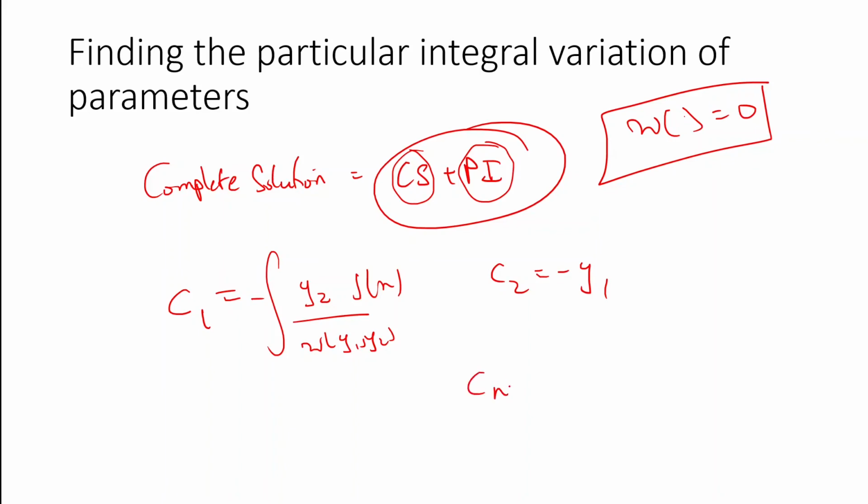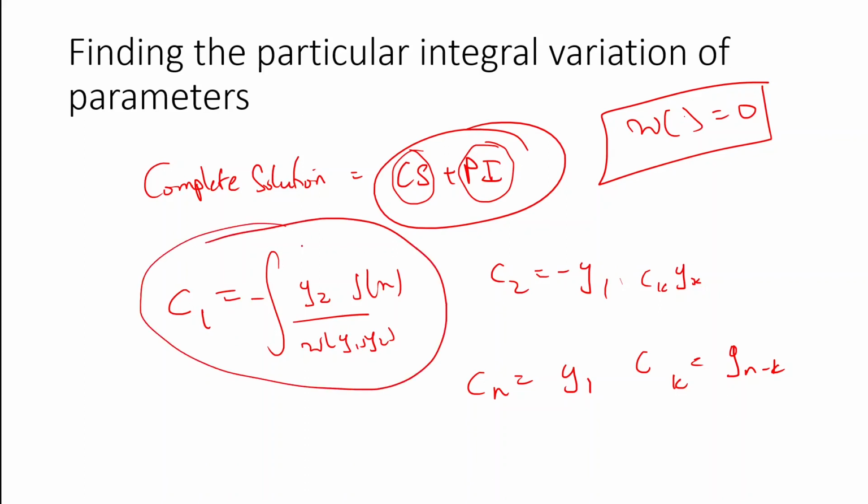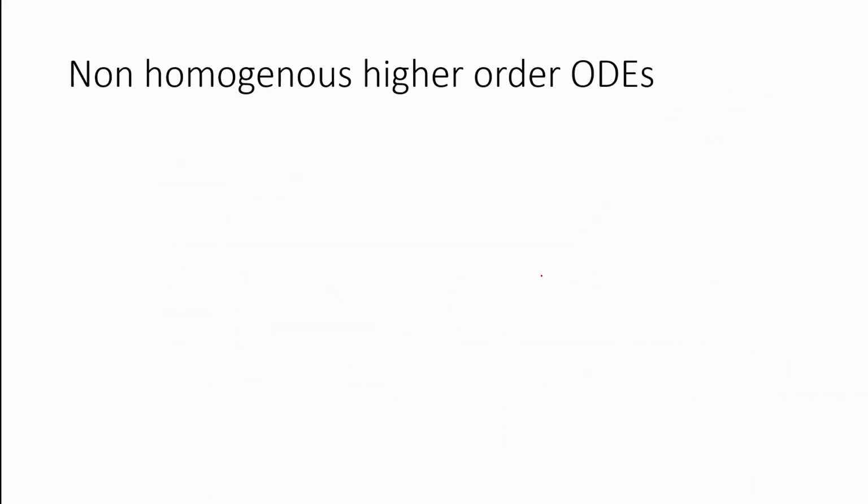So Ck is associated with yn minus k, something like that. So we have to consider that it's not Ck associated with yk. That's an error which I made, sorry for that. This is how it is written. C1 is minus y2, so like that Ck is yn minus k.